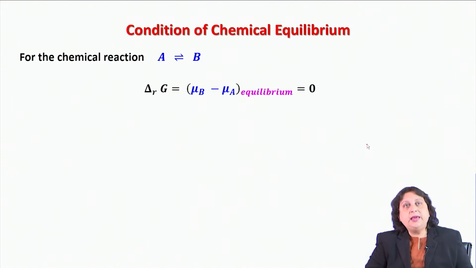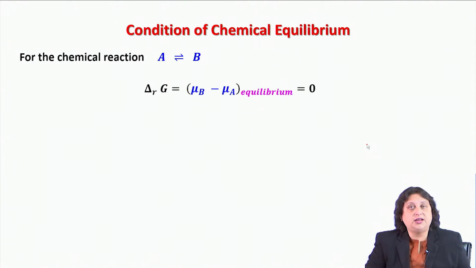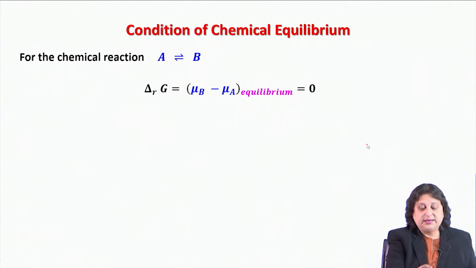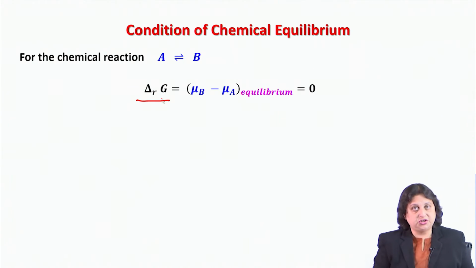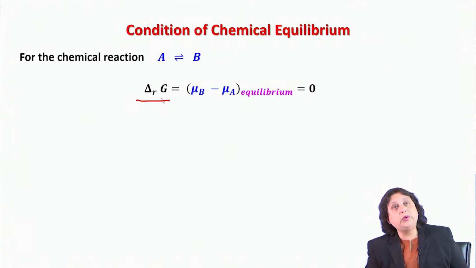Therefore, to make all these usable, or at least if I want to predict the condition of chemical equilibrium, I will have to look for the relationship between this delta R G and the composition of the system. So let us examine the equilibrium condition for this.